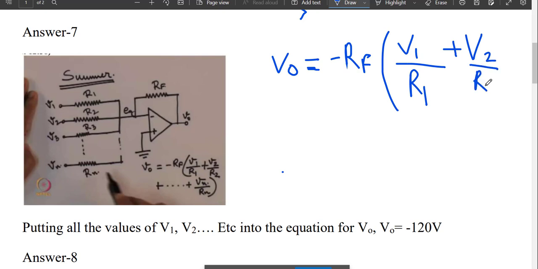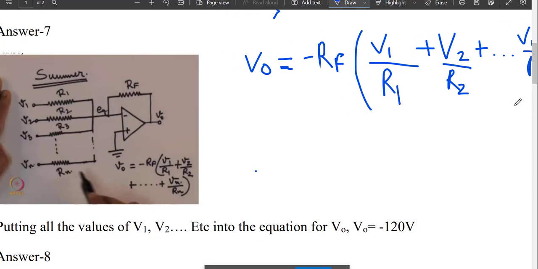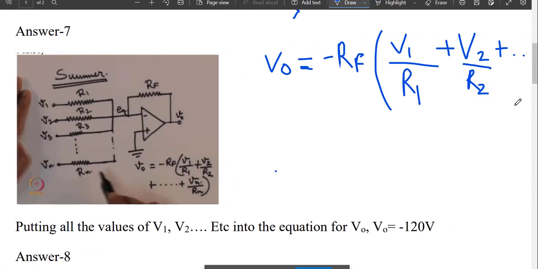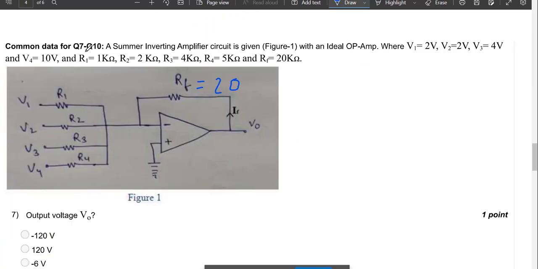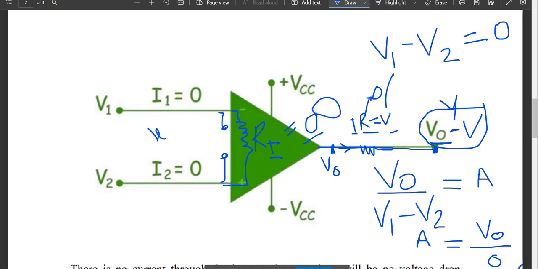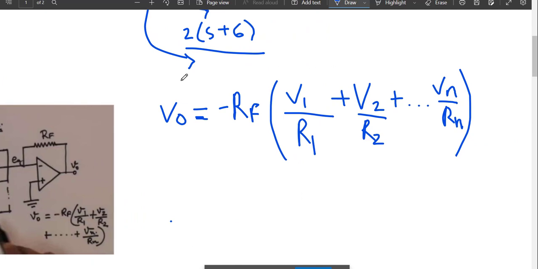And now try to solve it if you haven't still. Guys, this is the formula for the summer inverting amplifier. Try to solve the question now. This is the formula.